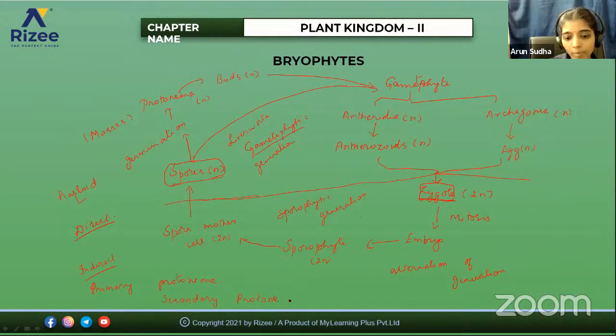If it develops from any other parts other than spores, that is called secondary protonema. So it's clear.